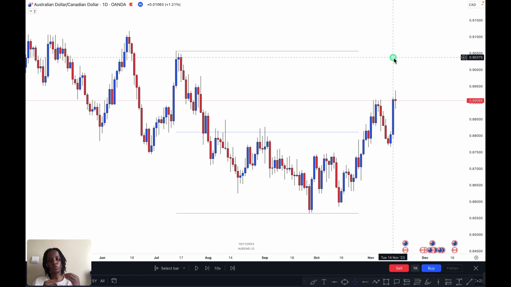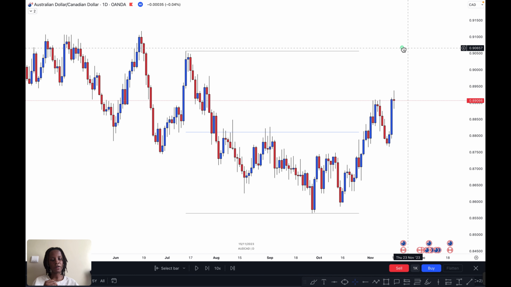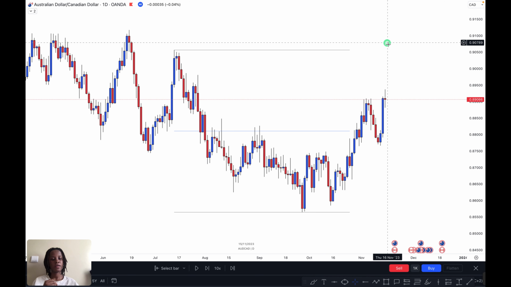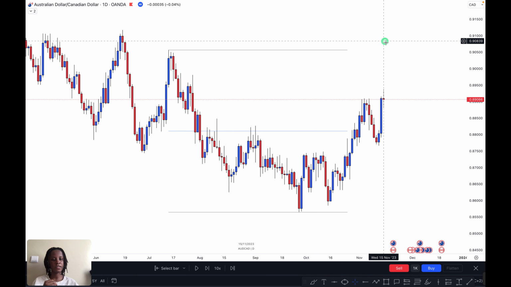To be able to trade on November 16th, you have to check if Wednesday, November 15th closed bullish or bearish. It needs to close bearish. You can see here it closed bearish, so that makes Thursday, November 16th a valid day for you to trade.